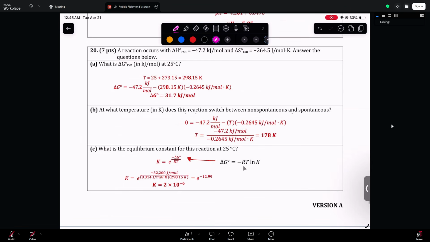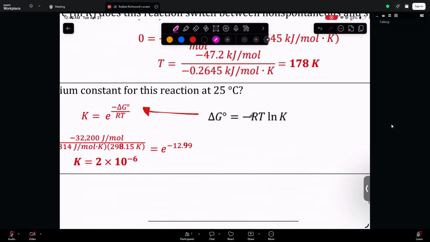All you need to do is divide by negative RT to get negative G naught over RT, and it will result in an equation where negative G naught over RT equals the natural log of K. And as we discussed with any logarithmic algebra, you just need to raise the power of the base.